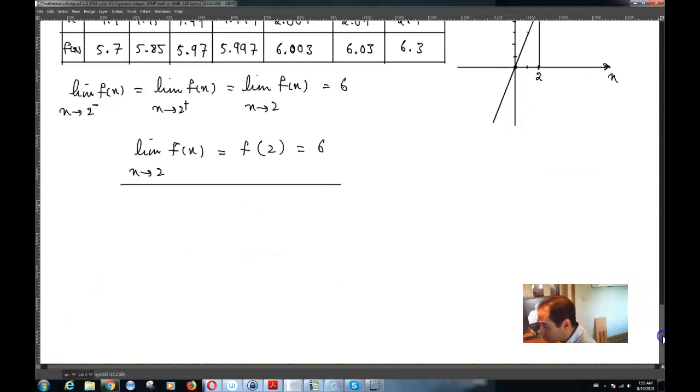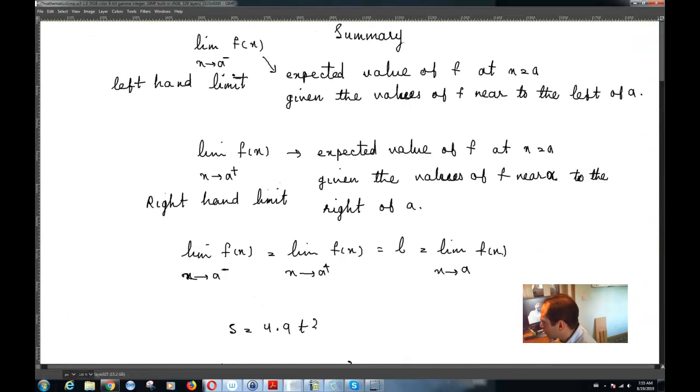Okay, so now suppose that you have another function, f of x is equal to 3, for example.